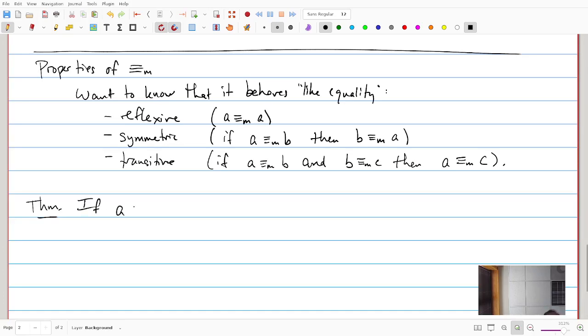So if A is an integer and M is a positive integer, then A is equivalent modulo M to A, right? I.e. equivalence modulo M is reflexive.